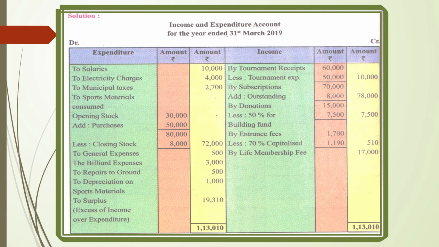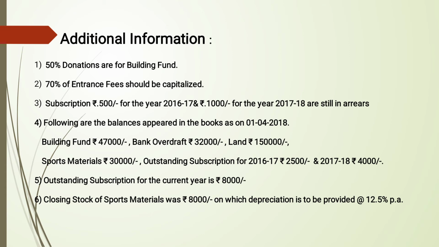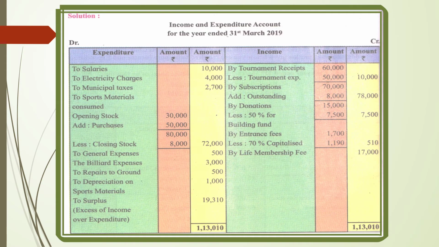First, write the heading sports material consumed. The opening stock of sports material is mentioned in adjustment number 4, that is 30,000. In that sports material, meaning opening stock, write 30,000 in the inner column. Add the purchases of sports material, which is shown on the payment side, that is 50,000. Add those purchases to the opening stock, the amount is 80,000, less the closing stock of 8,000, which is shown in adjustment number 6.